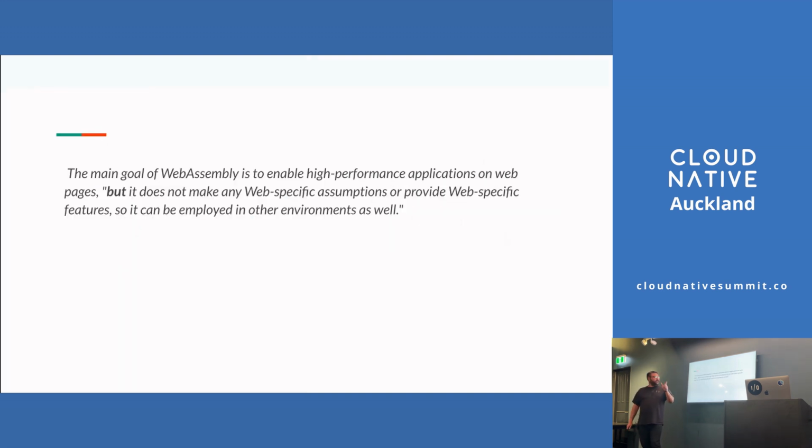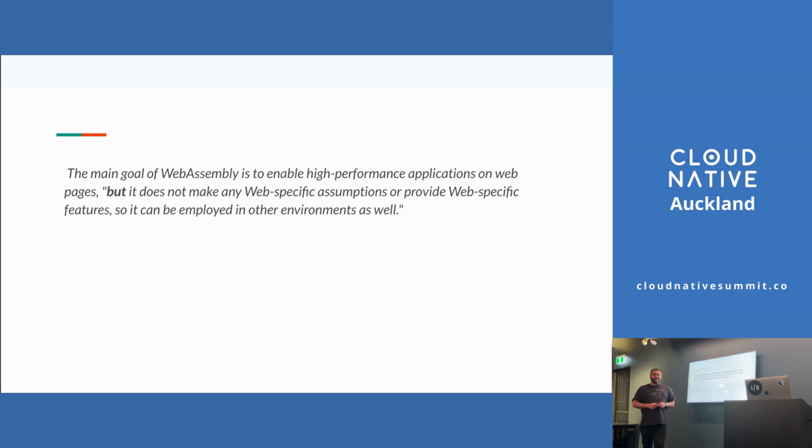The main goal of WebAssembly was really to enable high performance applications on the web. Because your standard web languages are pretty slow, it allowed you to create near native speeds and performance, leveraging a lot of the new hardware that's available.